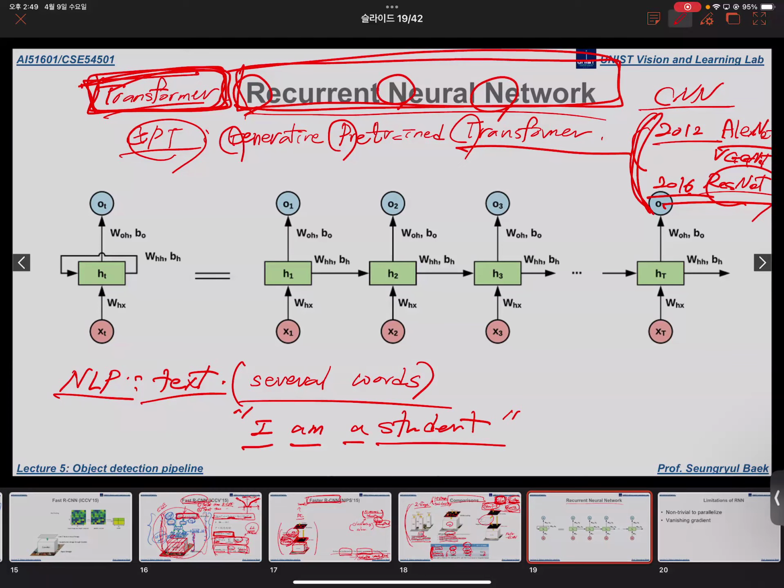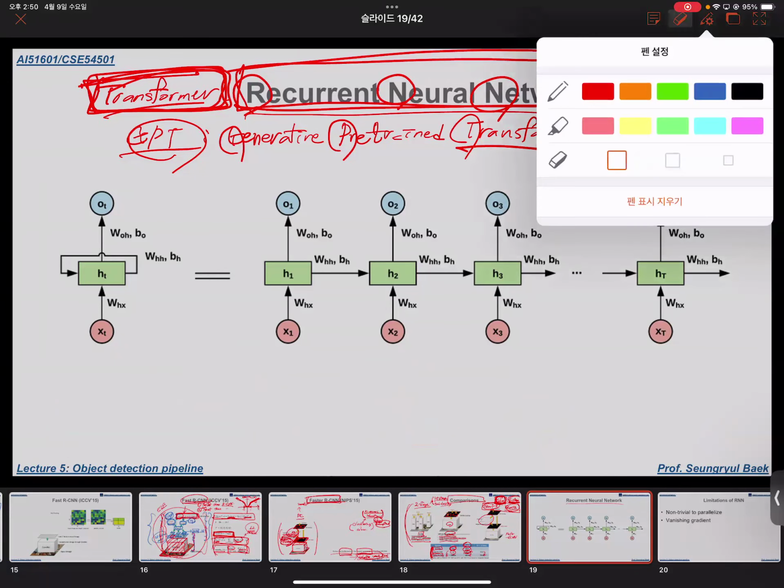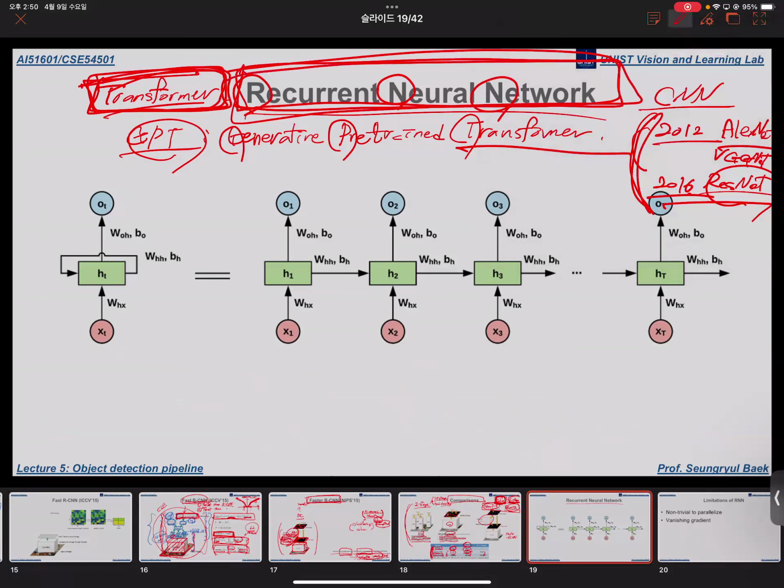So basically, in the NLP domain, the input and output signals are sequential data, okay? So when dealing with this kind of sequential data, this kind of RNN algorithm is efficient, okay?